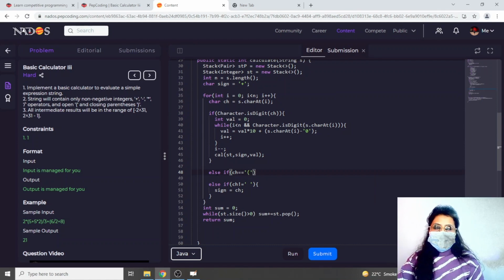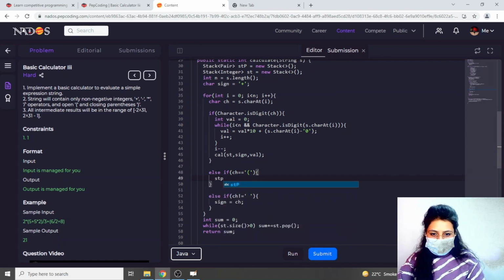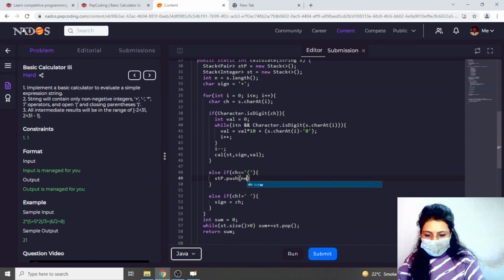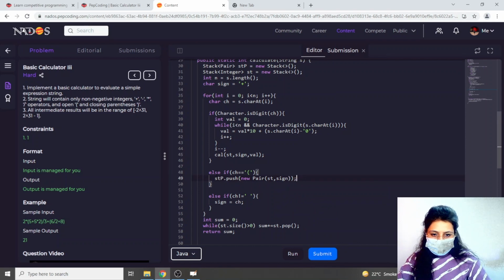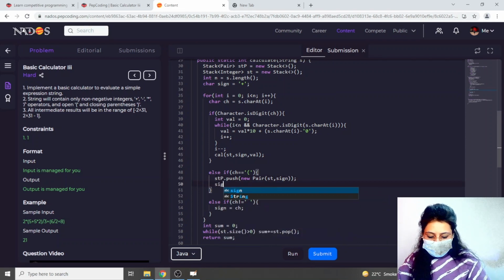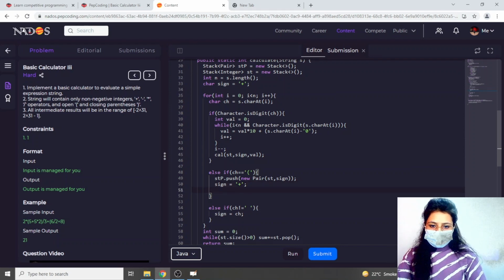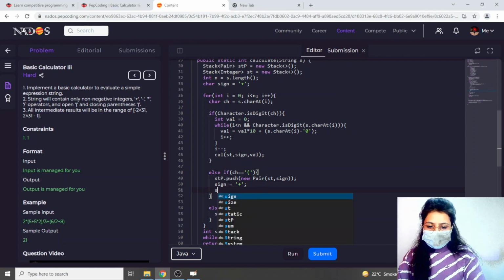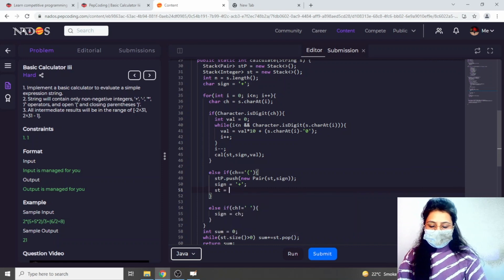Opening parenthesis condition was not in basic calculator too. So what we'll do, stp dot push new pair st comma sign, right? And next step would be we'll make sign equal to positive, right? After this, we'll do st equals to new stack. We'll restore the stack again as we were doing in our approach.